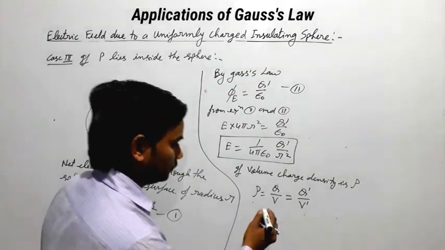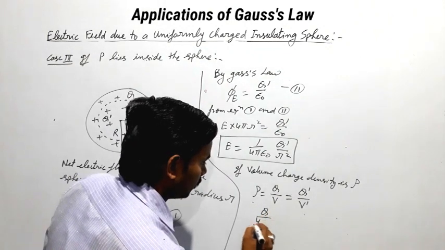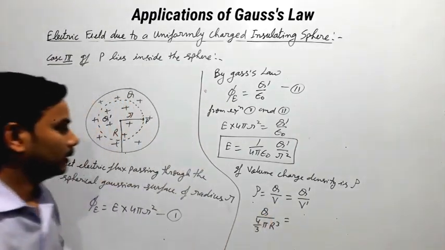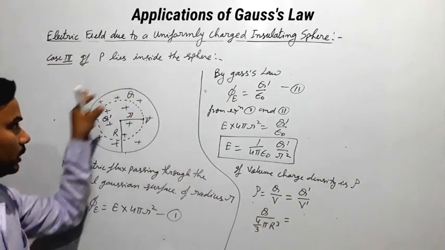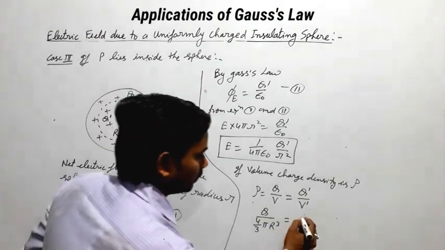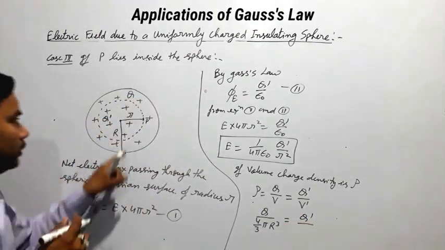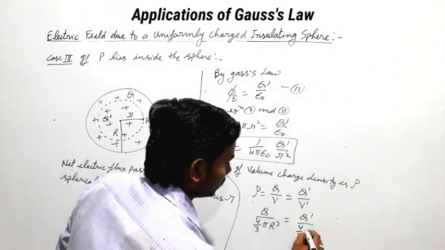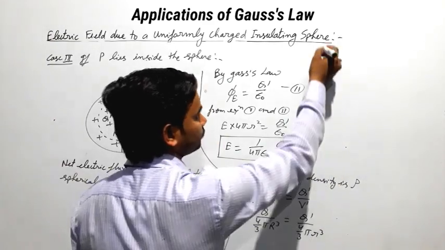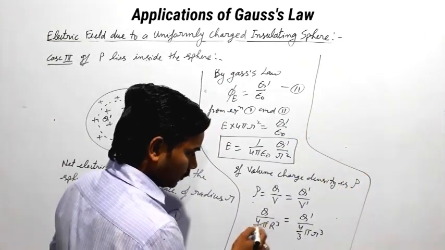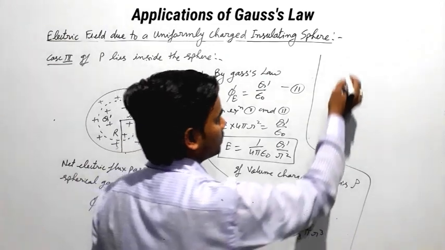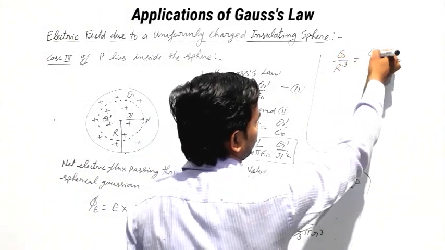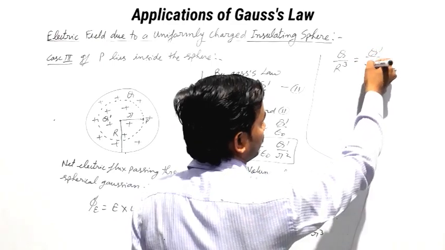So this will be q upon 4 by 3 pi capital R cube, because capital Q charge is distributed over the whole volume of the sphere, and q dash is distributed over the volume of the sphere of radius small r. So this will be 4 by 3 pi small r cube. Now 4 by 3 pi cancels, so q by R cube equals q dash upon small r cube.